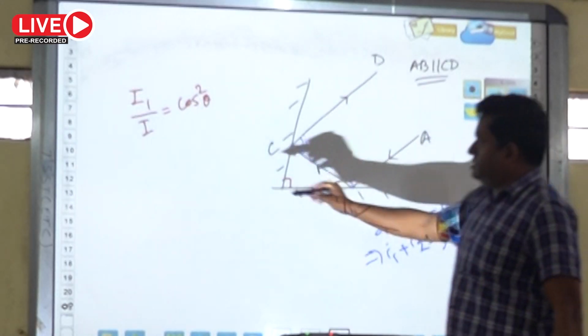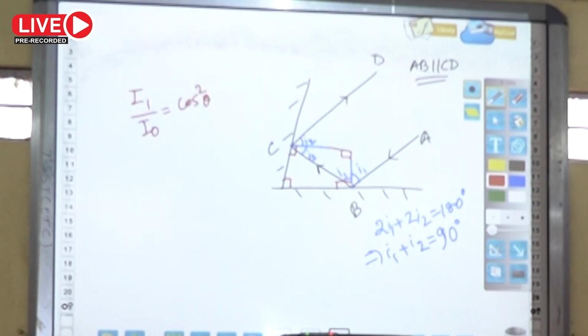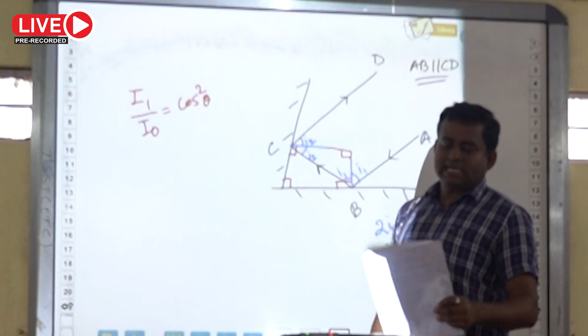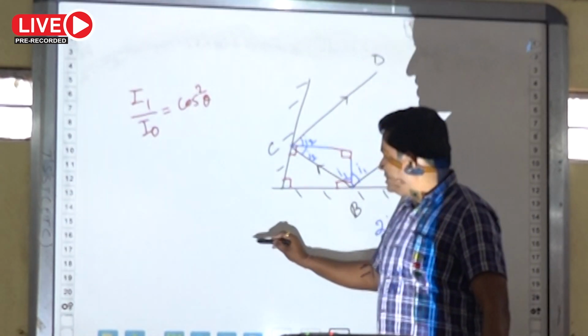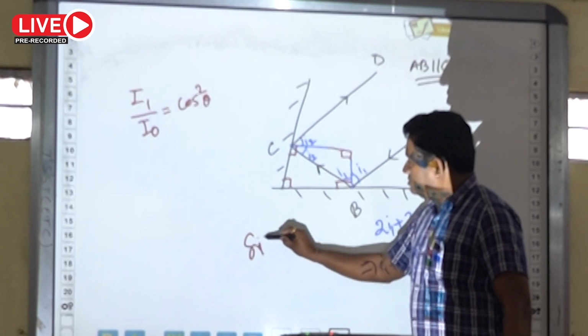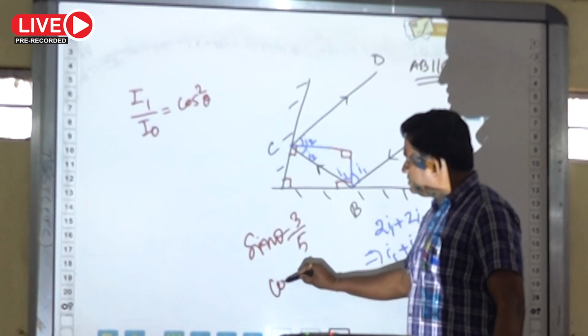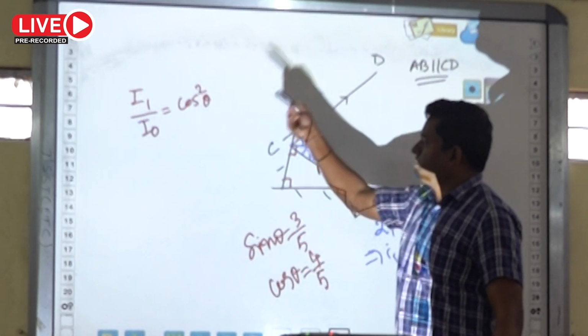I1 by I0, I0 is unpolarized, I1 is polarized. Then you have to find the value of cos square theta in this case. So in the problem it is saying that theta equal to sin inverse of 3 by 5. So I can write sin theta equal to 3 by 5. Sin theta 3 by 5 means cos theta will be 4 by 5.